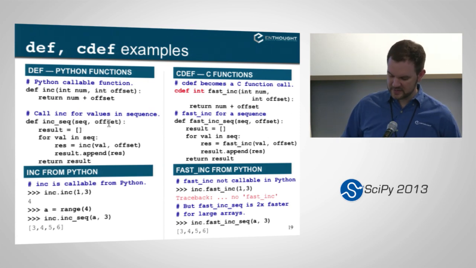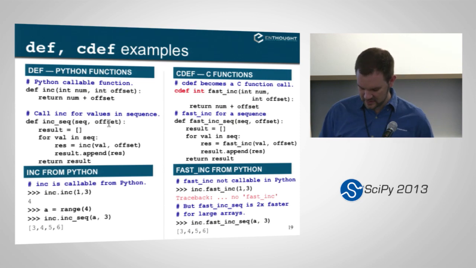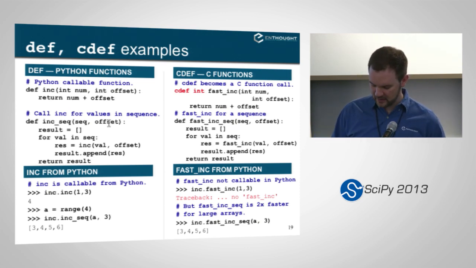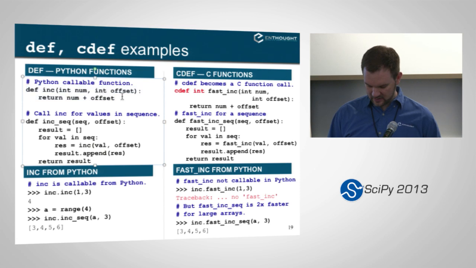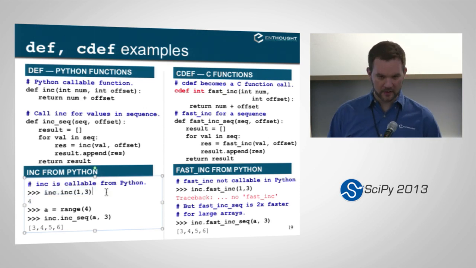Here are some examples of using these def and cdef functions. I'm not going to go through this in great detail in the interest of time, but suffice it to say we have a function here that's calling a smaller function, inc. Here inc is a def, so you can call inc outside of this Cython source file, inside of our Python interpreter, and it works.